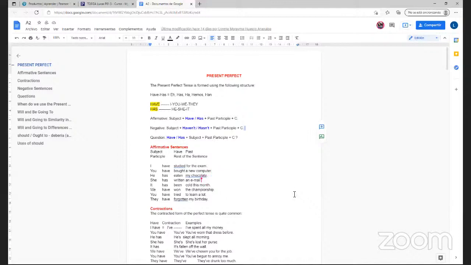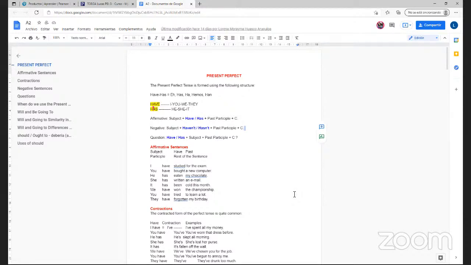You have bought, she has eaten. So we have to respect the subjects, all the subjects with the correct auxiliary, and the verb in third column. That is the most important of this grammar, okay?